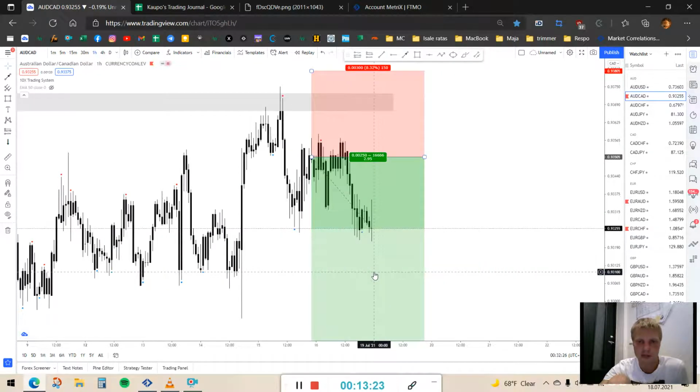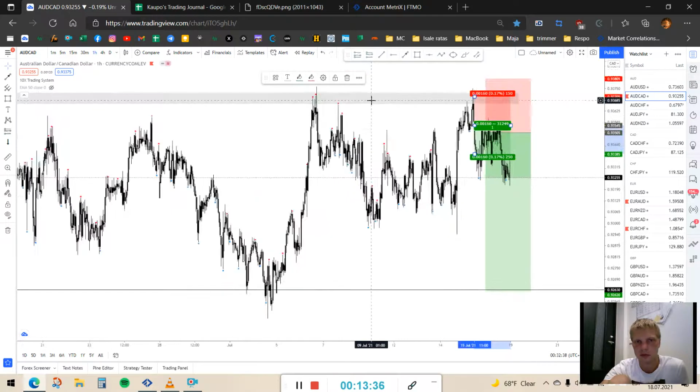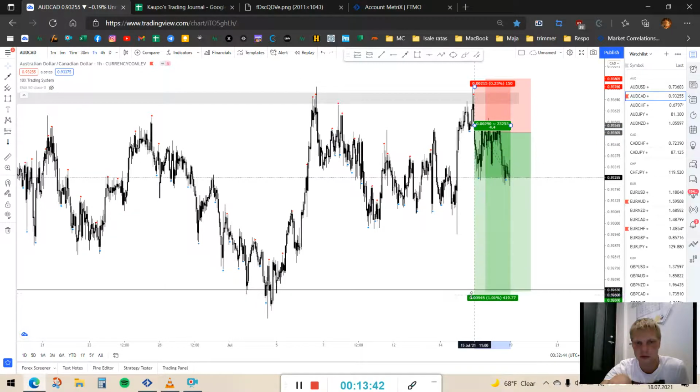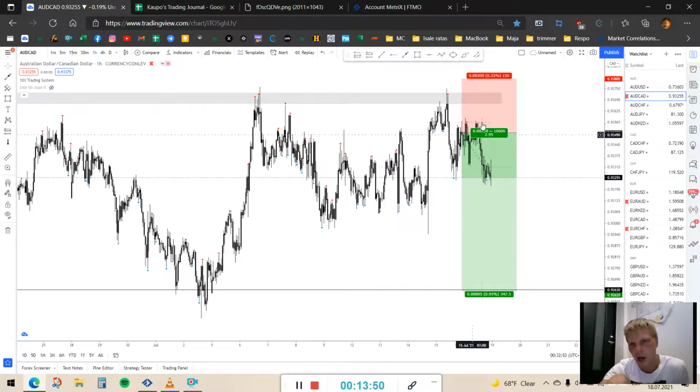I got anxious, probably, because the real trade I should have taken would have been right here, because that's the most recent signal. But the trade had already happened, and I didn't want to miss this.